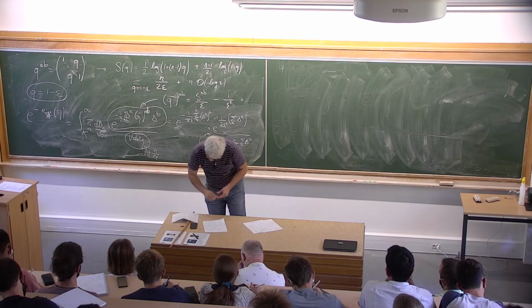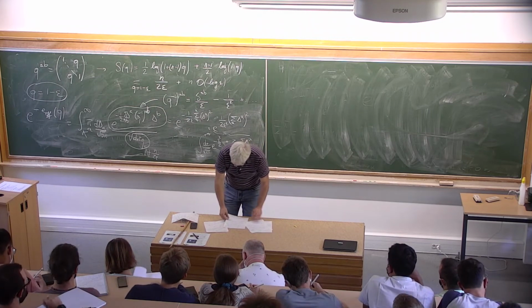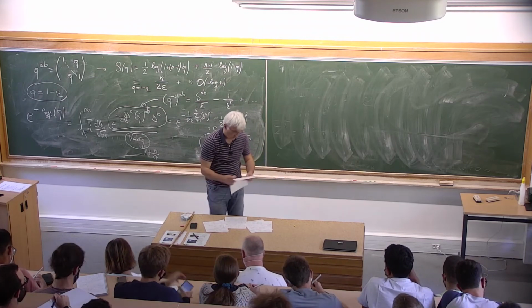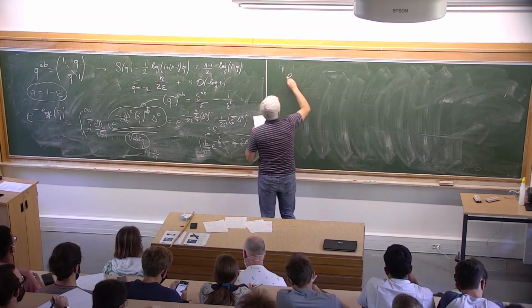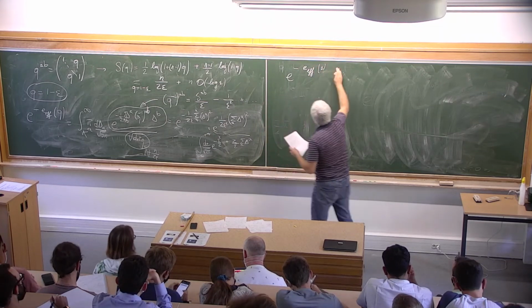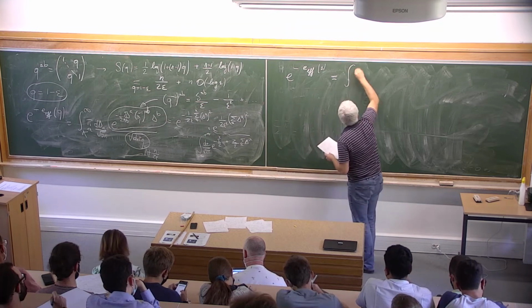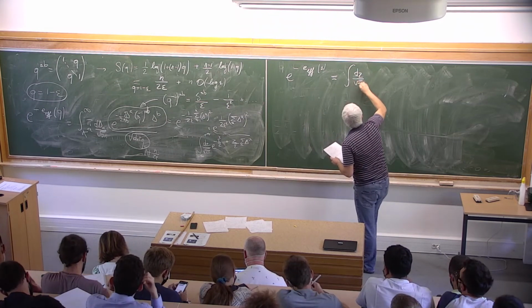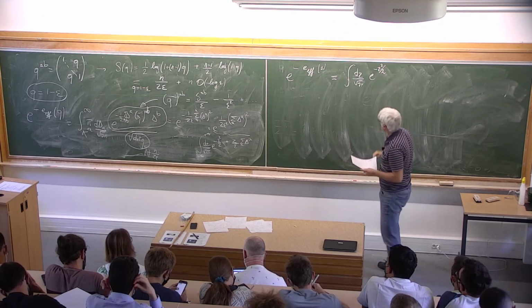Okay, so it's going fast. Yeah, so the exponential of minus the effective energy, which is a function of epsilon now, is this integral here. So I have the integral of z, right?